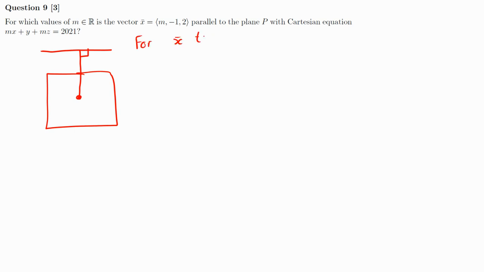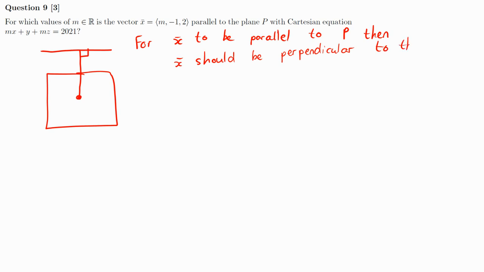So for x to be parallel to P, then x should be perpendicular to the normal of P. So x should be perpendicular to the normal of P. Okay.